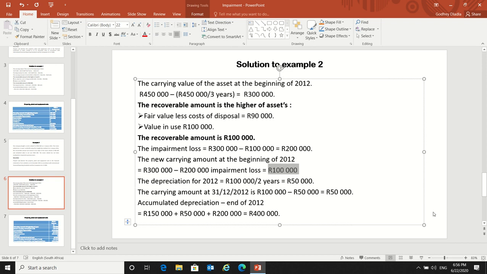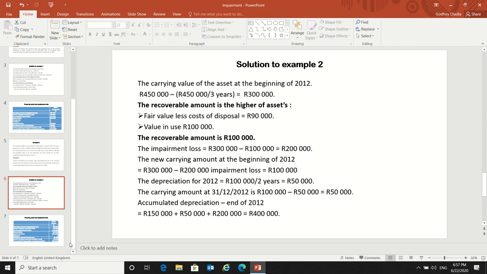So for 2012 you must depreciate. Here is the 100,000, you must depreciate it over 2 years to get 50,000 depreciation, right? The carrying amount at 31 December, which is 100,000 minus 50, the current year's depreciation, gives you 50,000. Accumulated depreciation is 150 plus 50 plus 200,000. This 200,000 is the impairment, which is this one here. You see, right? It gives you the 400,000.